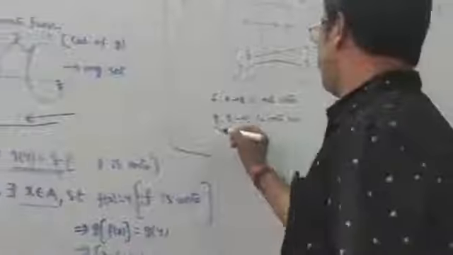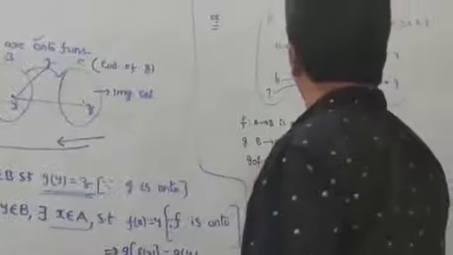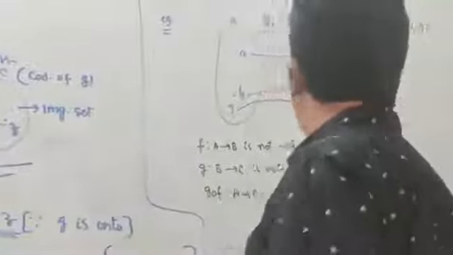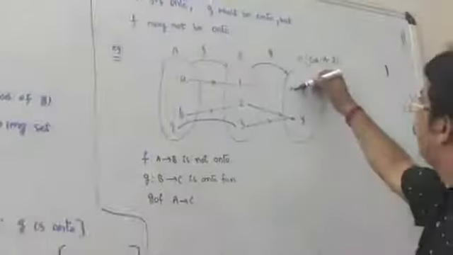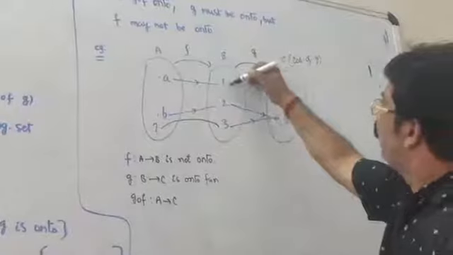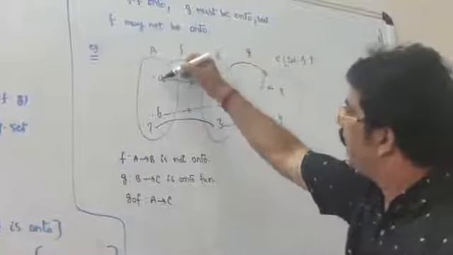Next, now g circle f from A to C. x is the image of 1, and 1 is the image of a.